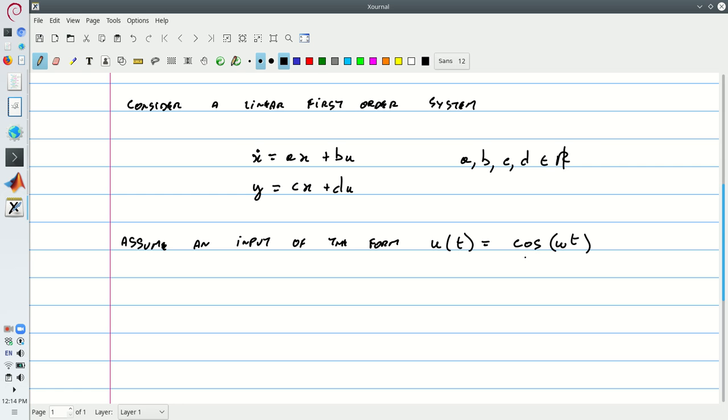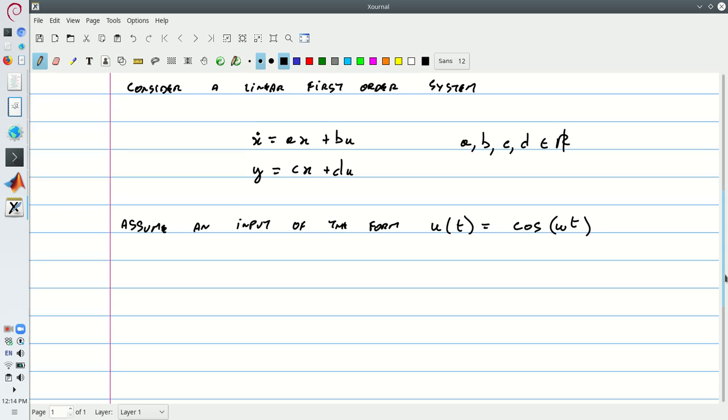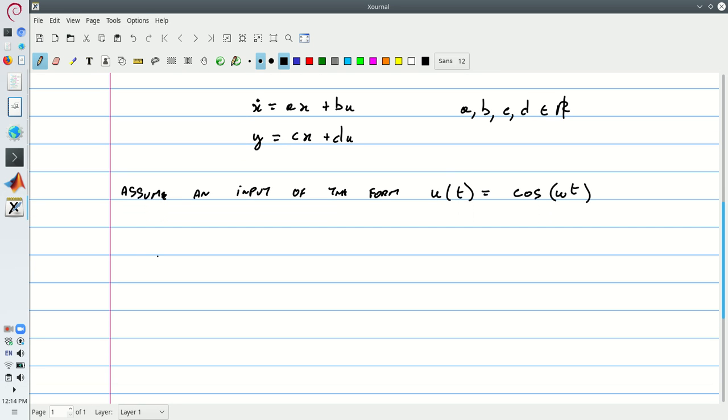Then we'll redo some simulations with a cosine just to verify that our quantitative analysis is correct, and also to verify that using a cosine function instead of a sine function is not changing anything. It's just shifting everything by a phase.